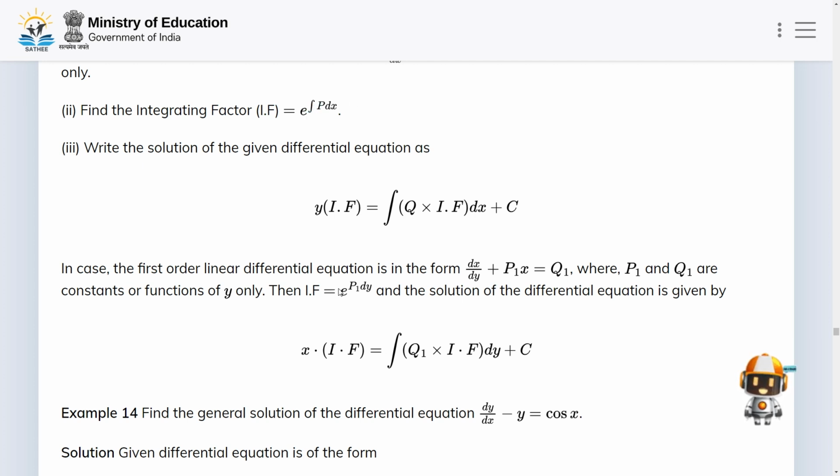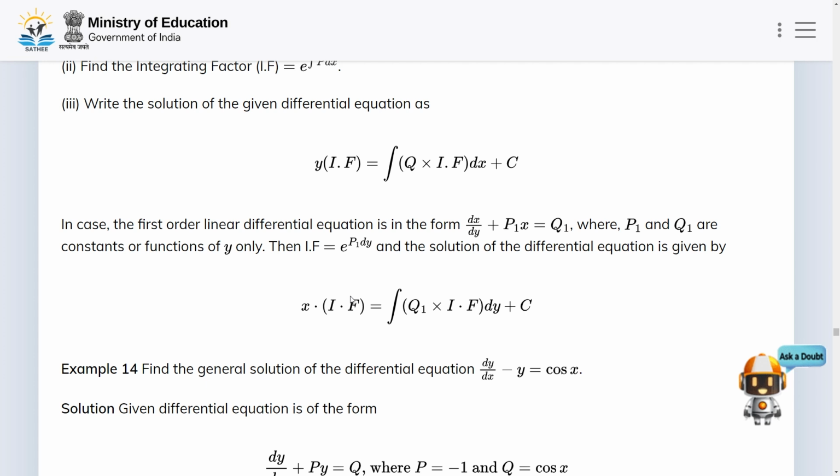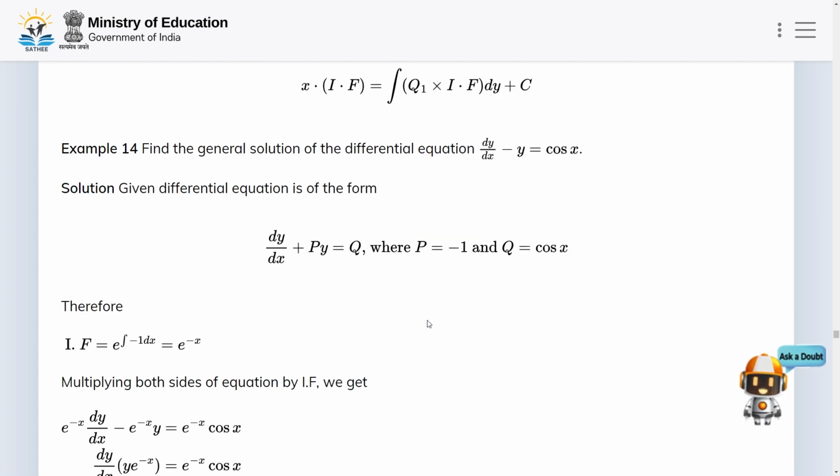Here you will have e power integration of p1 dy, in terms of y. So the final answer will be x multiplied with the integrating factor is equal to y multiplied, you can see the pattern, integration of q1 multiplied with the integrating factor dy plus c. Clear?